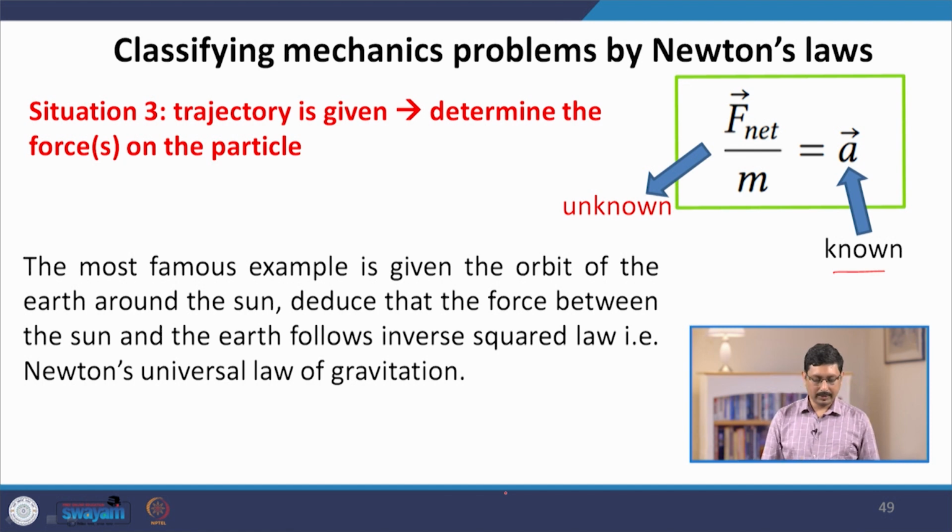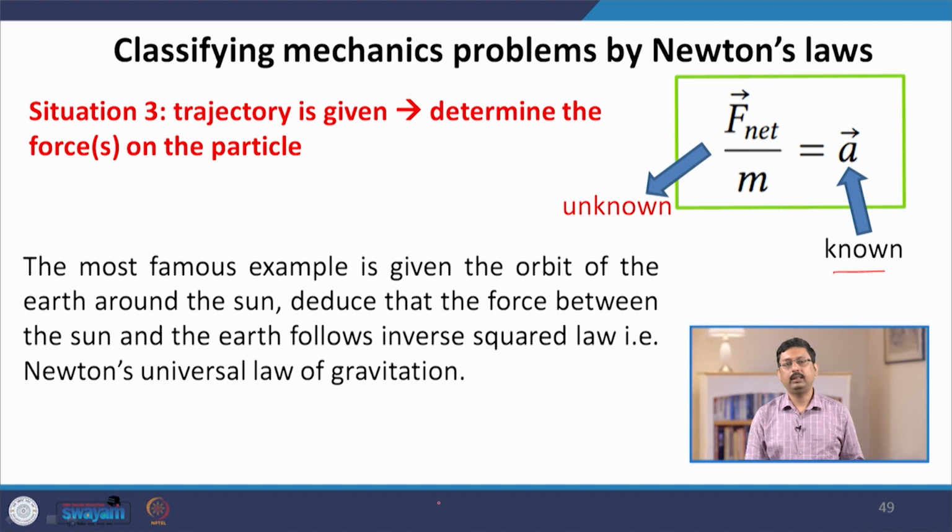The most famous example of this sort is: given the orbit of the Earth around the Sun, deduce the force between the Sun and the Earth. To deduce that this force is proportional to the inverse square of the distance between Earth and the Sun, that is, it follows Newton's law of gravitation.